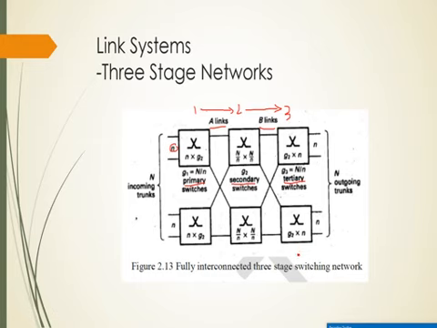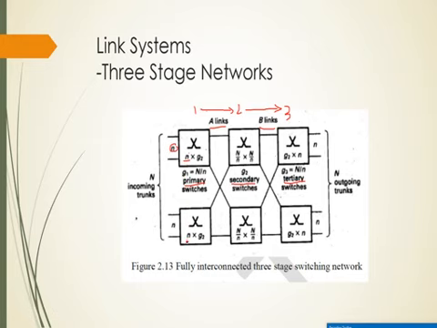Now if we consider the initial condition, that is, if I have an equal number of incoming and outgoing trunks, that is M is equal to N, then what will be the overall design? It is a simple case that we are considering, M is equal to N. Assume that the number of inlets for each primary switch is n.